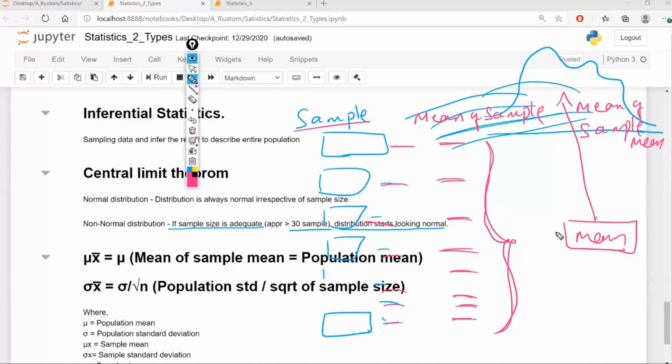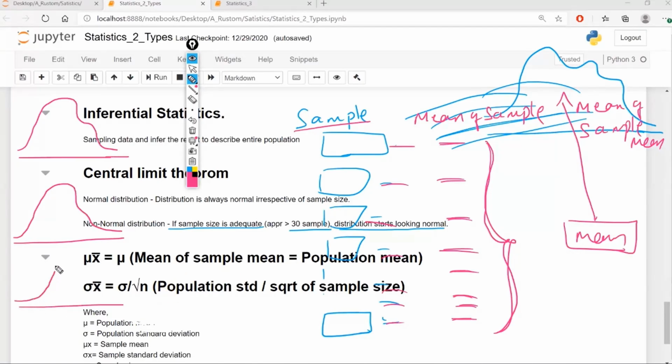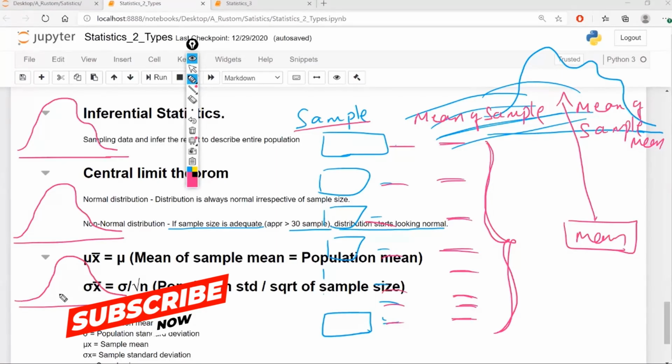So in that case, how does it look? Let me draw here. When I take a sample and try to plot a graph, it slowly looks like this. Again, I take a mean and plot the data, so it is something like this. If I continue, slowly it will start looking like a normal distribution.